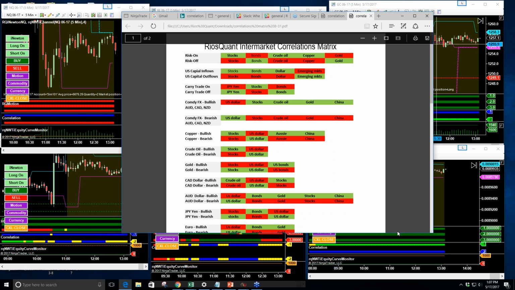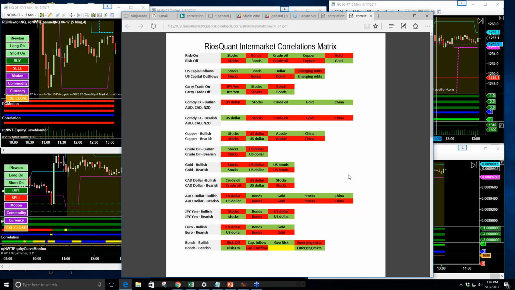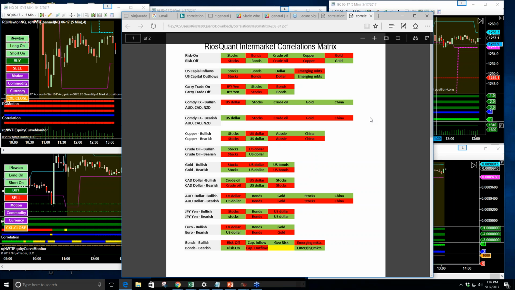All right, so knowing which of these trade together is important, because if you're seeing risk off come into play like this morning, what are the other markets that should go with it? Here we go, risk off. Short stocks, long bonds, should be short crude.